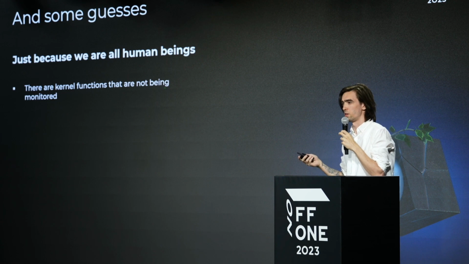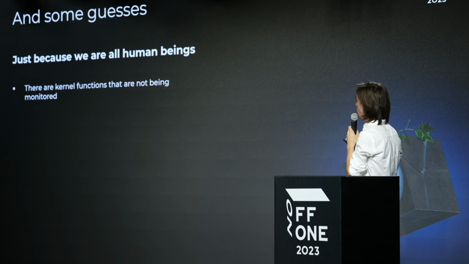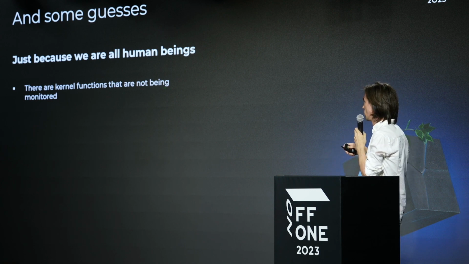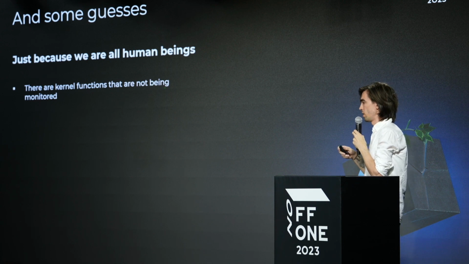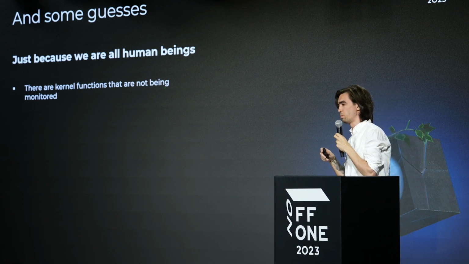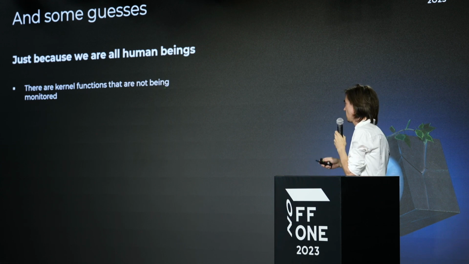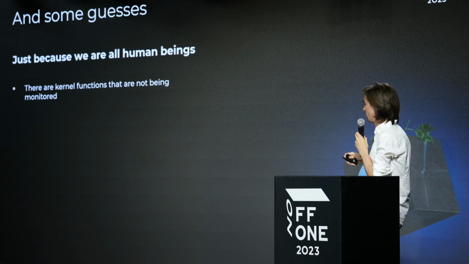Some of my guesses are based on the fact that the security tools are implemented in a wrong way. For instance, they monitor just part of the functions or wrong functions. In Linux, there are about 4 to 6 system calls just to read a file.